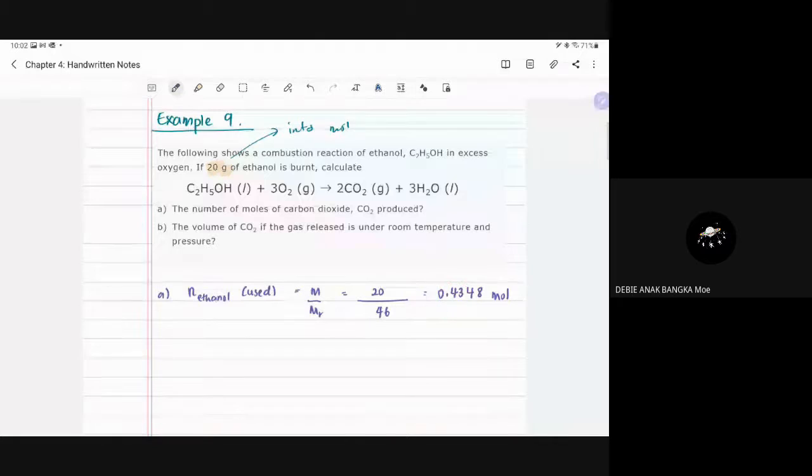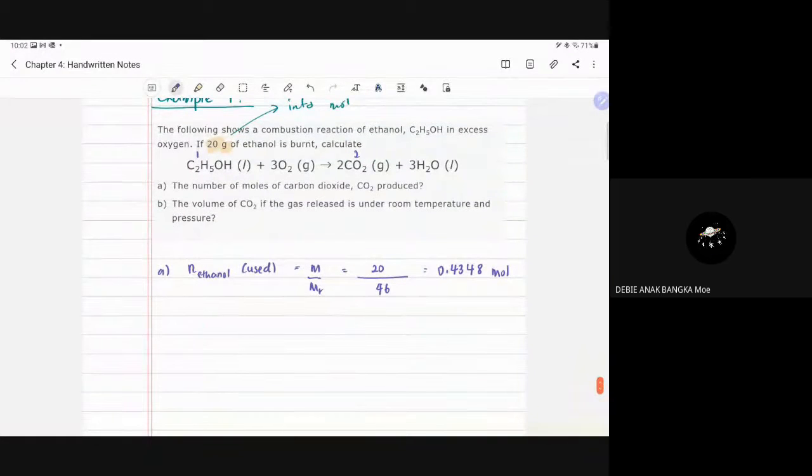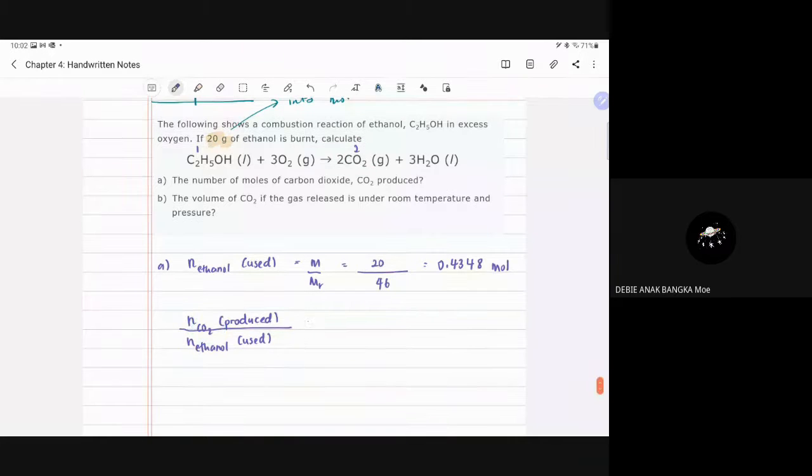Now, kita nak cari number of mole of carbon dioxide produced. So nisbah dia 1 kepada 2. Number of mole of CO2 produced bahagikan dengan number of mole of ethanol used. Nisbah dia bersamaan dengan 2 kepada 1 sebab CO2 dekat atas. So 2 bahagi 1.